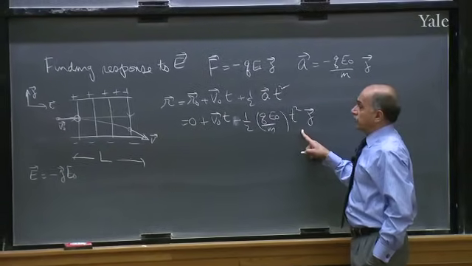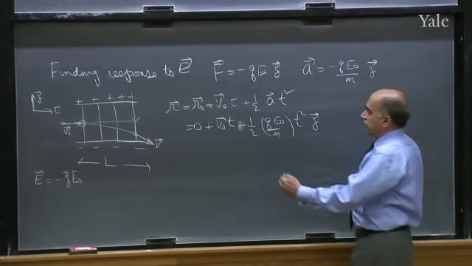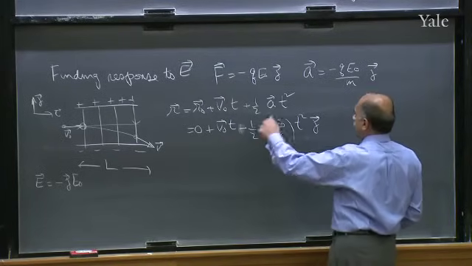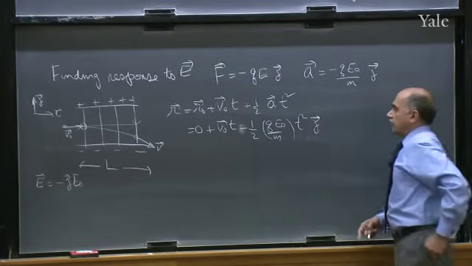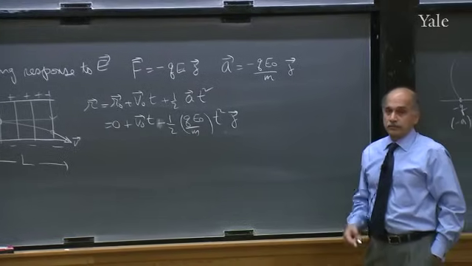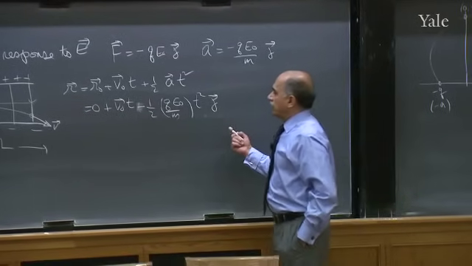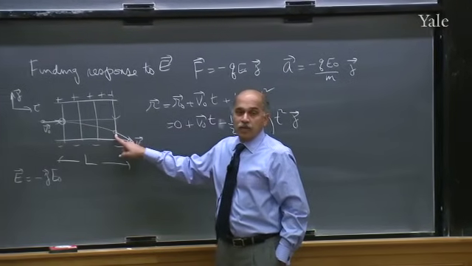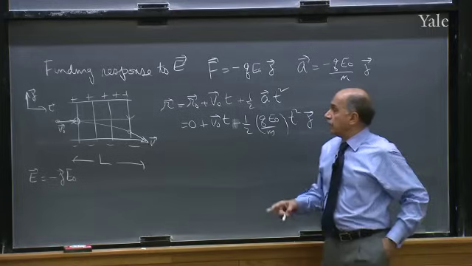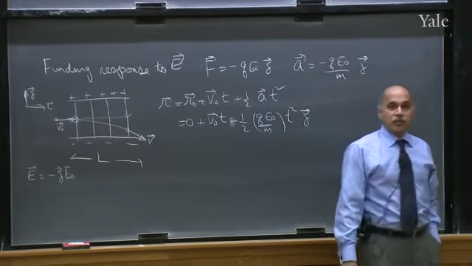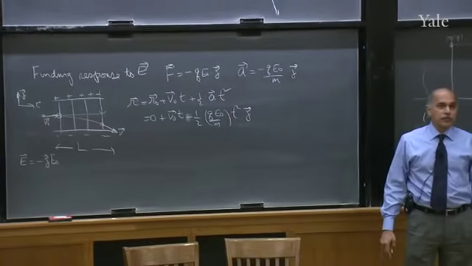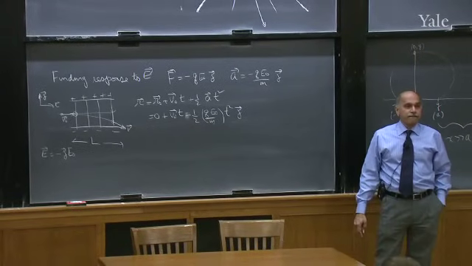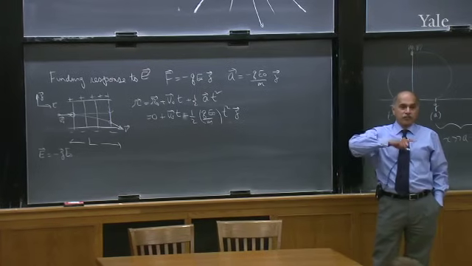At t equal to 0, you are at the origin. As t increases, it's moving horizontally due to v naught, and it's also dropping vertically due to the acceleration. Then it's very easy from now on to compute anything you like. For example, when you want to go to that point, what will be the time? How long will it be in the region between the plates?